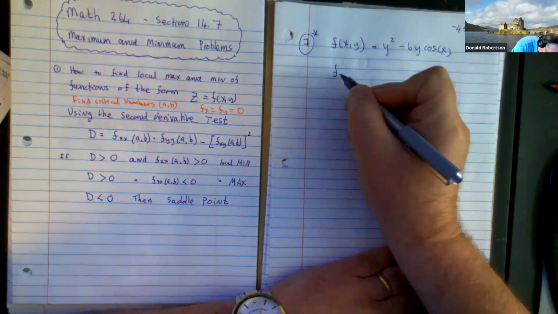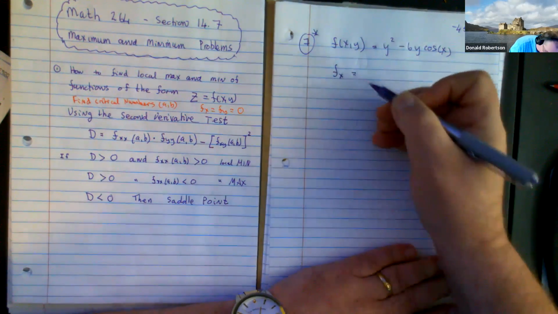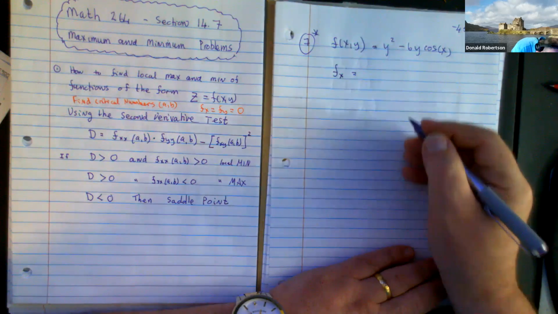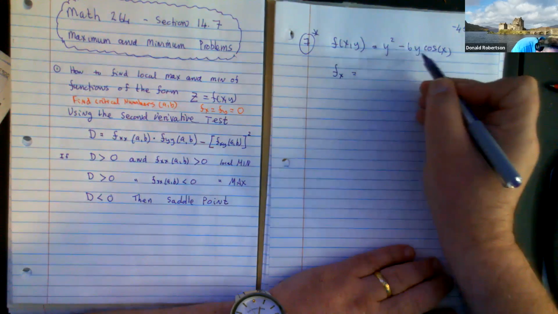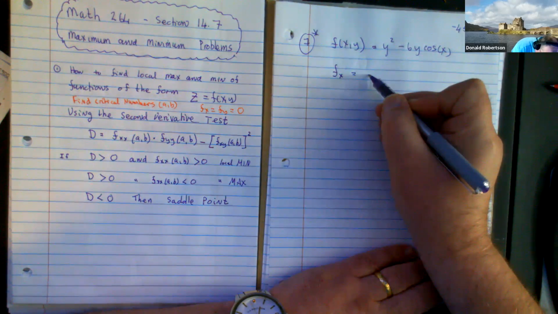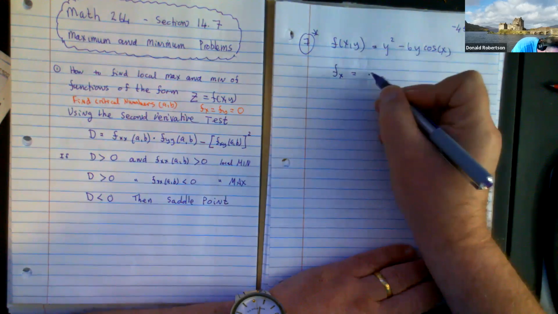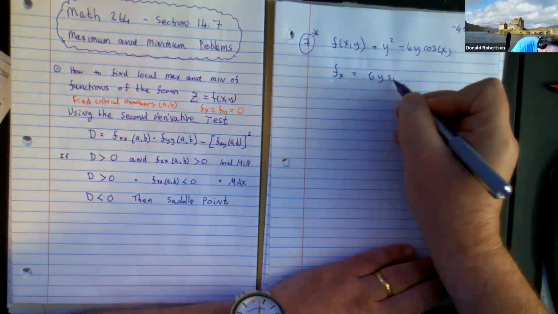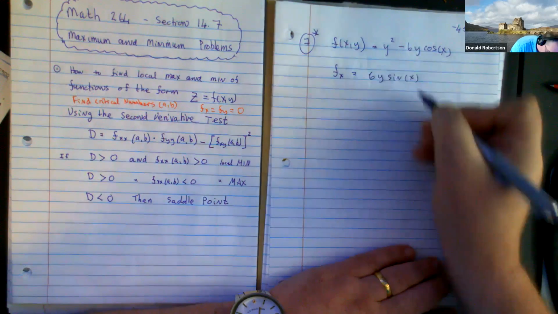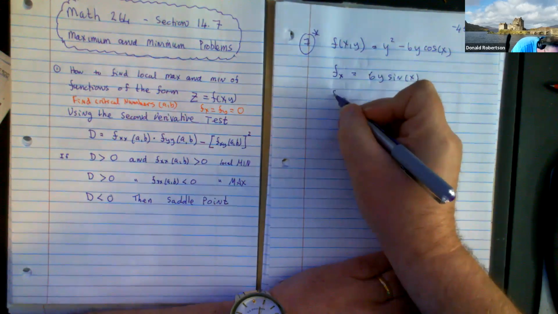If you do a partial derivative with respect to x, you get nothing and you get negative a cosine, so 2 negatives make it a plus. You get 6y sine x, and that's going to have to equal 0.